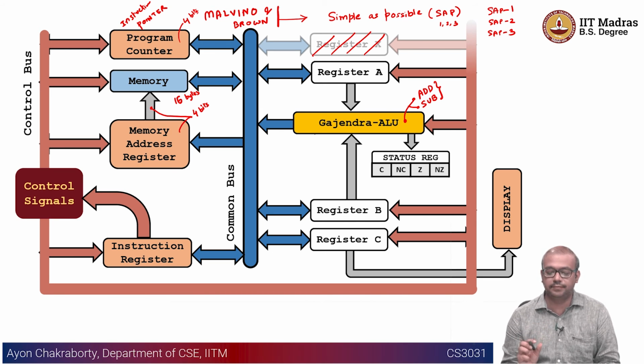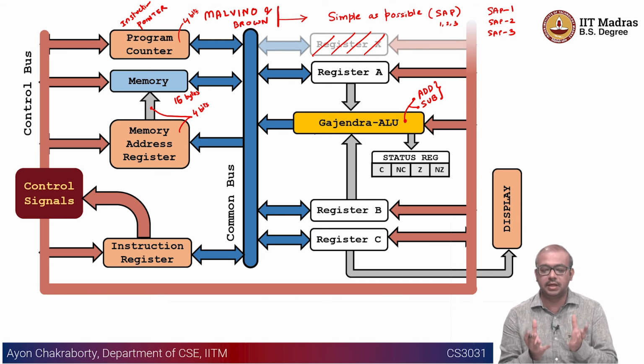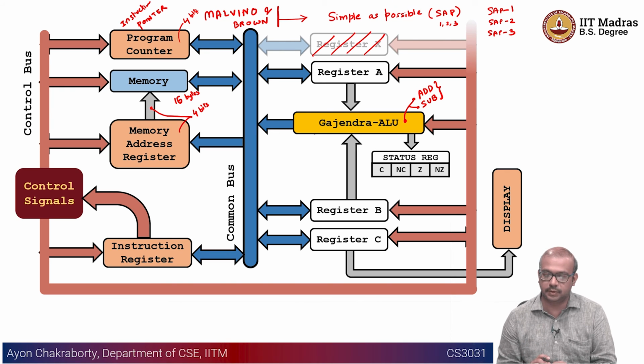You have to be very careful about this. 4 bits are necessary to point to a particular byte in the memory, and that byte could either be an instruction or data, and we only have a unified memory for both the instructions of the program, as well as for the data that the program might be using. So there is no other extra memory that we are going to consider as a part of this construction, okay.